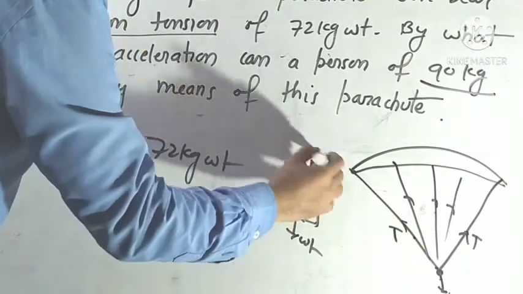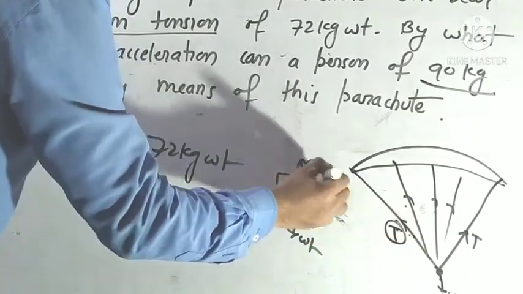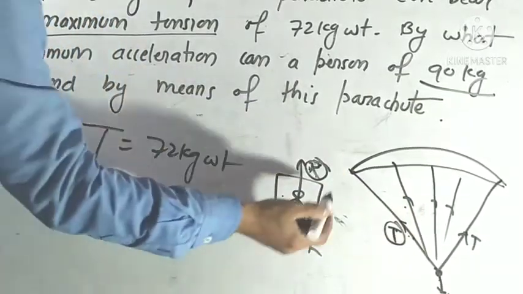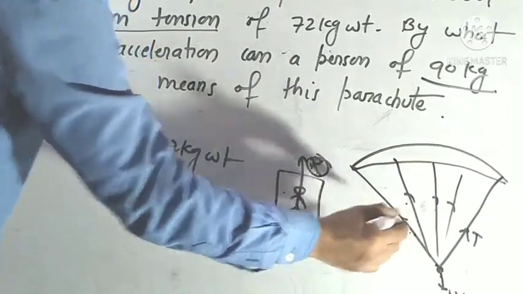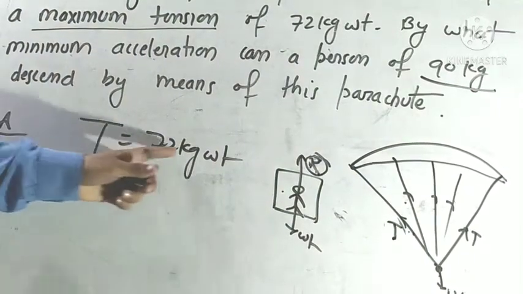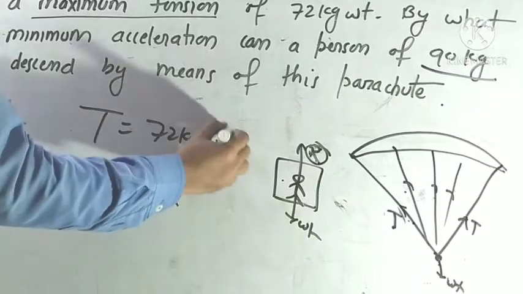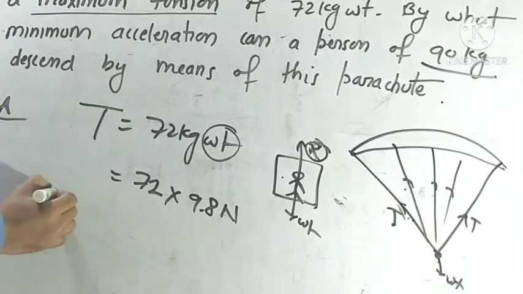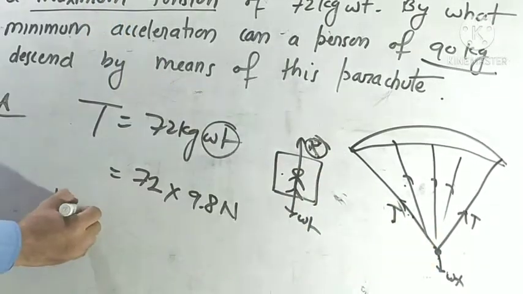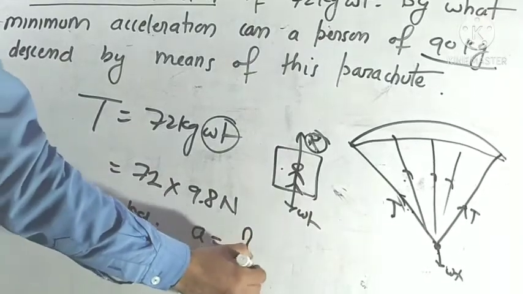Here we take normal force R is equal to T. When we talk about a lift we take R, and when we talk about this parachute we take the force as T. So T is equal to 72 kg weight, that is 72 into 9.8 Newton. The mass of this body is 90 kg, already given, and we have to find the acceleration.